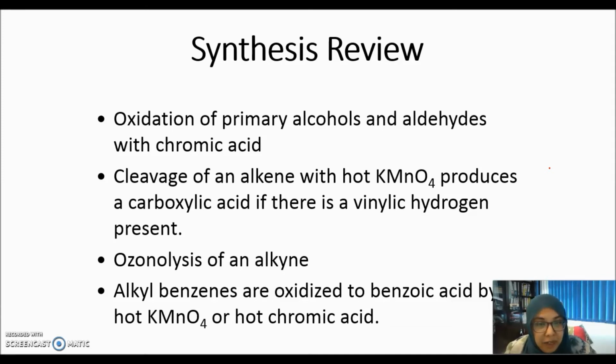We can cleave alkene using potassium permanganate, hot and concentrated. We can ozonolyze alkyne in order to get carboxylic acid. We can also oxidize the alkyl parts of the benzene-containing compounds, and then we will reach carboxylic acid.